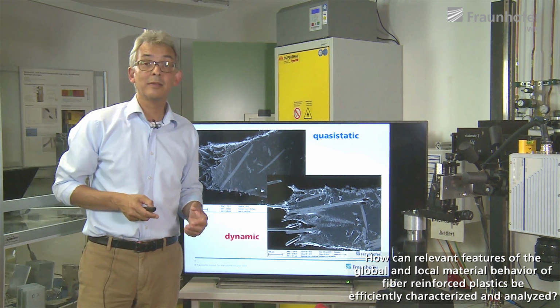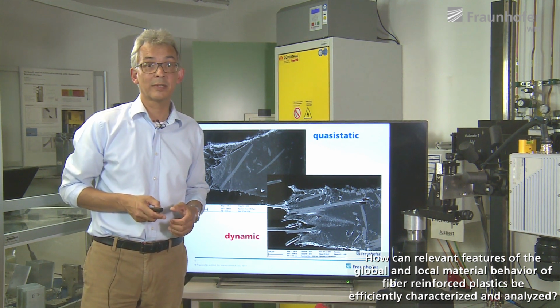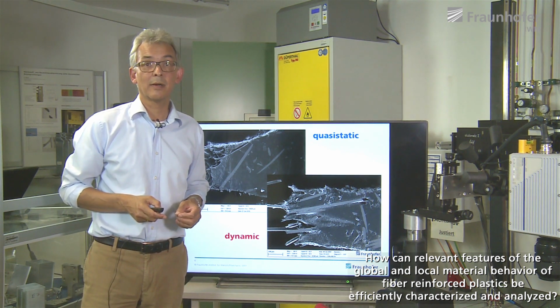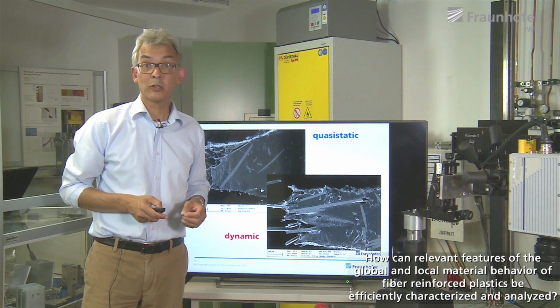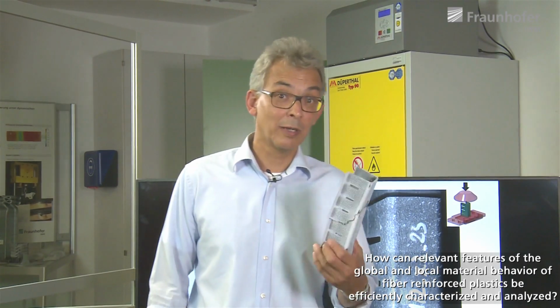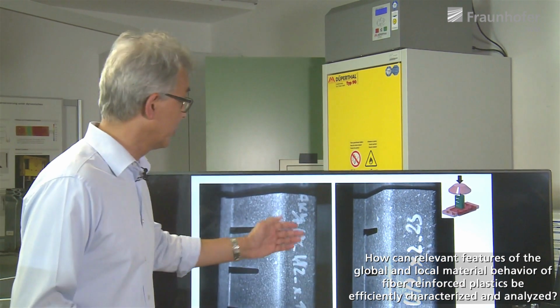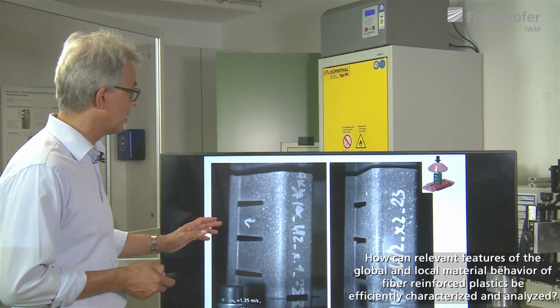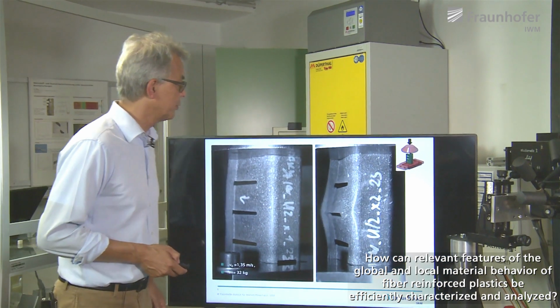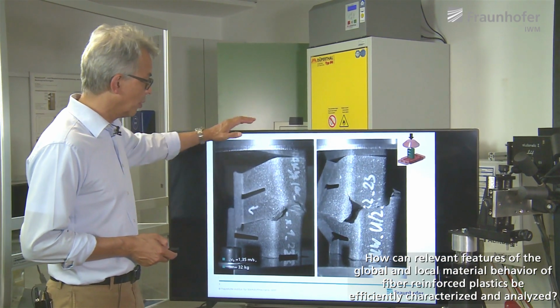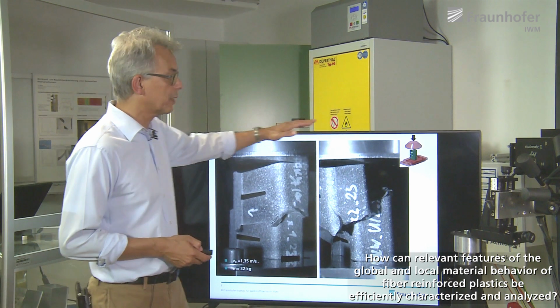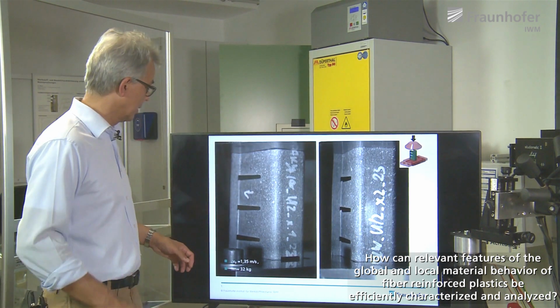But not only for automotive applications, micro tests are important, which I'm going to show you next. What we can learn from such component tests is to be seen in a video like this. I'm going to start this now. You see two specimens which are loaded under impact or compression loading.